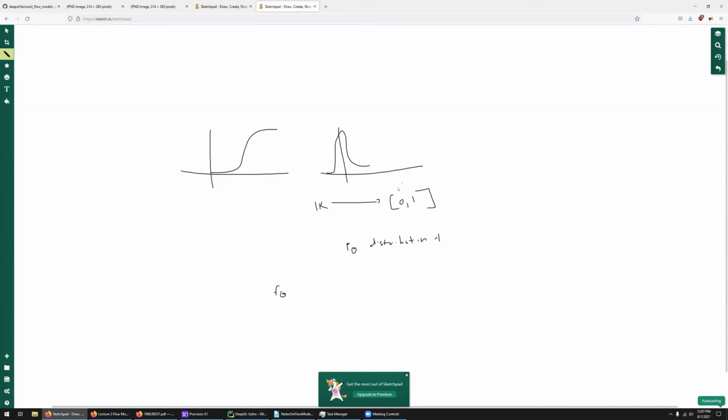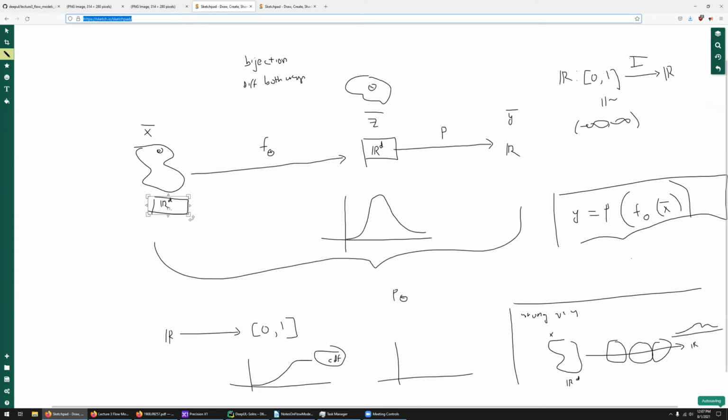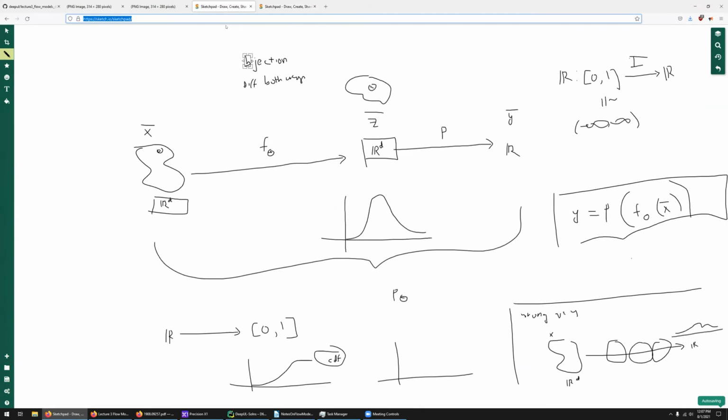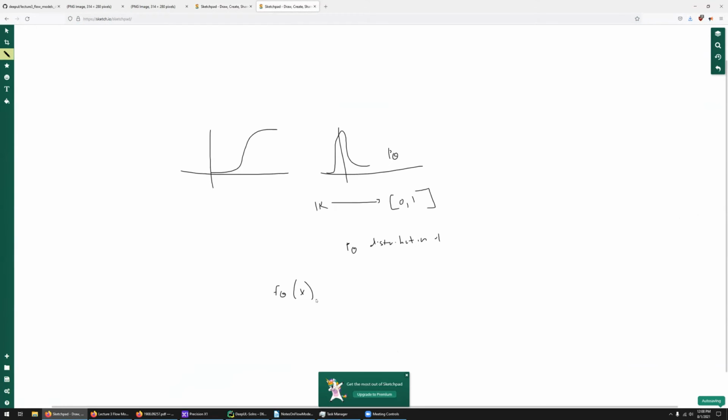Here, let's just do it this way. So f theta takes some number from x, right? So when we look at a sample, it takes x, and then it's supposed to take R^d to R^d, which in our case is 1. So it takes this number and puts it in this number, right? And how does it do it?